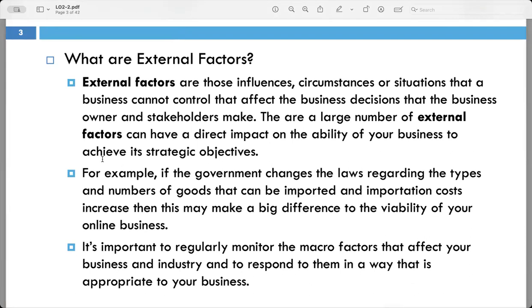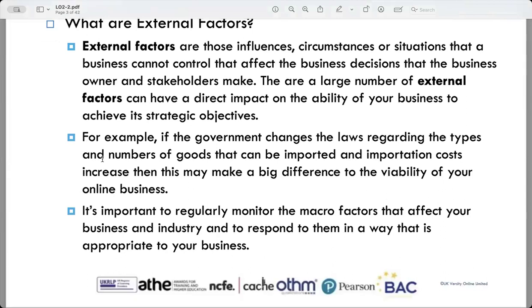Can you see? The viability of your online business could be significantly impacted, for example, if the government were to alter the laws that regulate the types and quantities of items that are permitted to be imported, and if the expenses associated with importation were to increase.